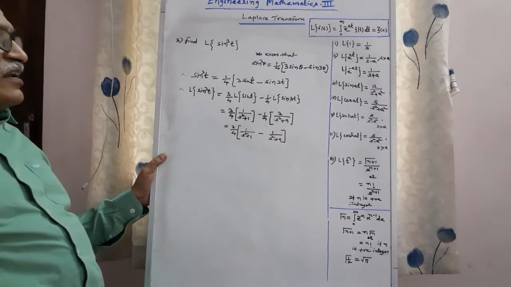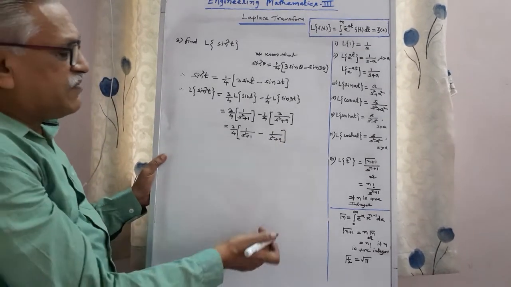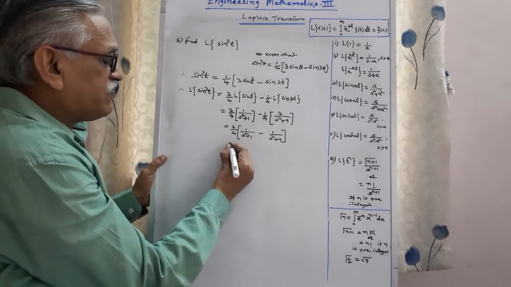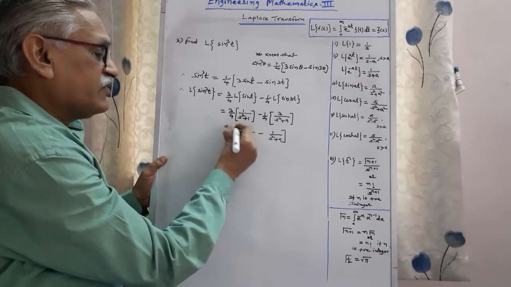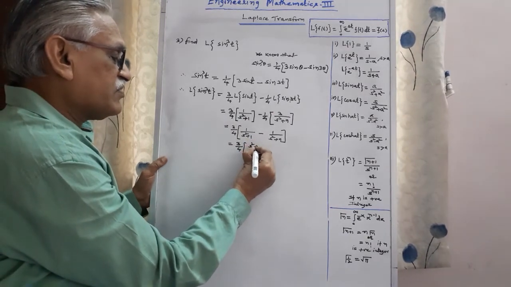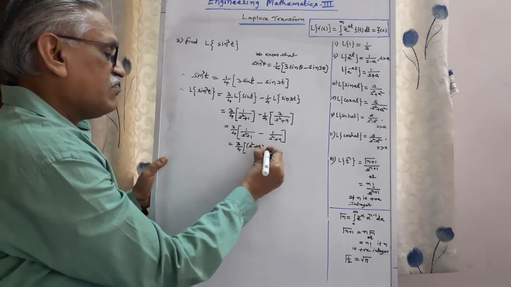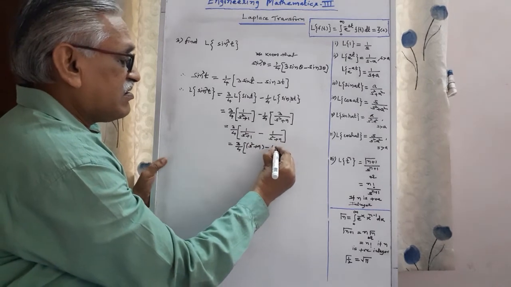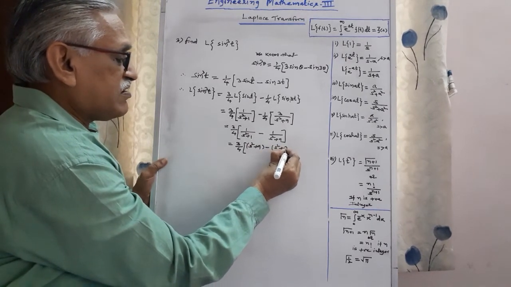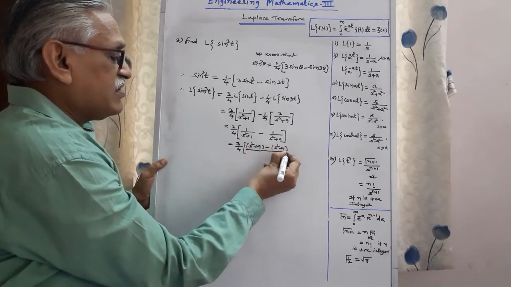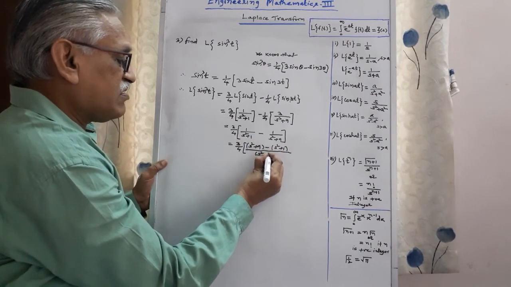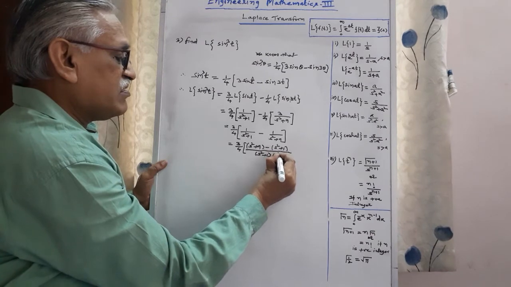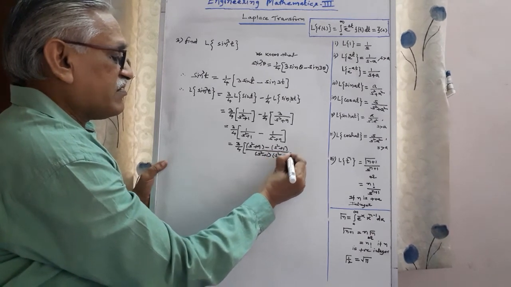Okay, you can keep this as it is, or we can simplify it further by taking cross multiplication or LCM. 3 by 4, we cross multiply here: it is s square plus 9 minus s square plus 1, divided by the product of these two, s square plus 1 and s square plus 9.